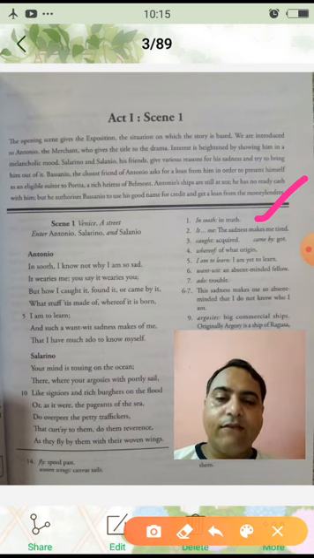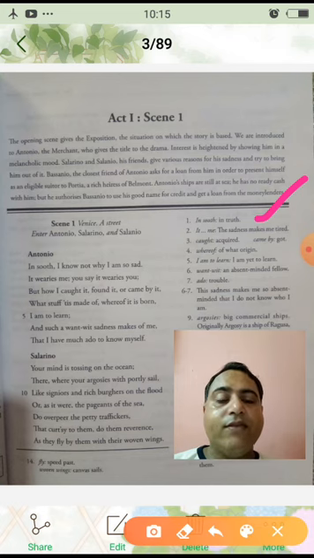Then he says, "And such a want-wit sadness makes of me that I have much ado to know myself." Now, want-wit is given on the other side, point number 6: an absent-minded fellow. And point number 7, ado. Ado means trouble.